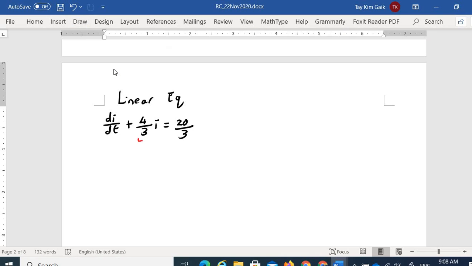Remember, this is the P(t), this is the Q(t). Then you have the form di/dt plus P(t) i equal to Q(t).